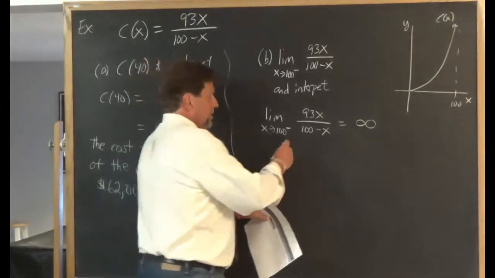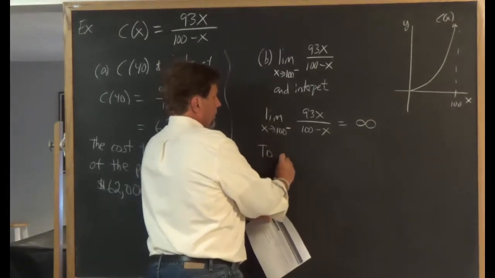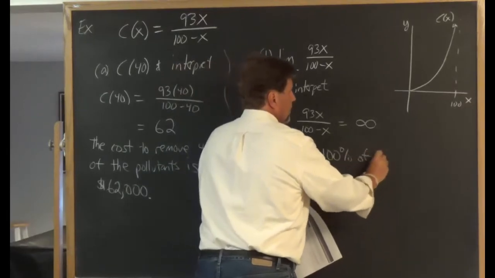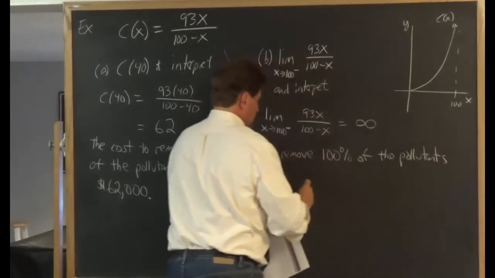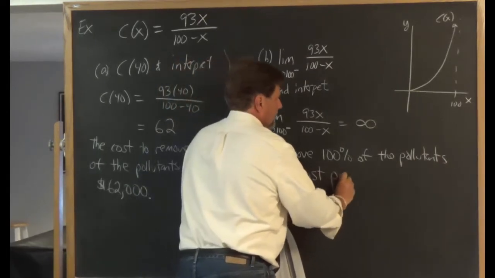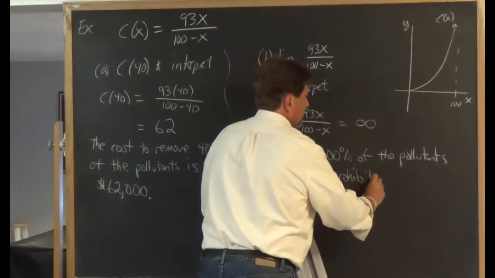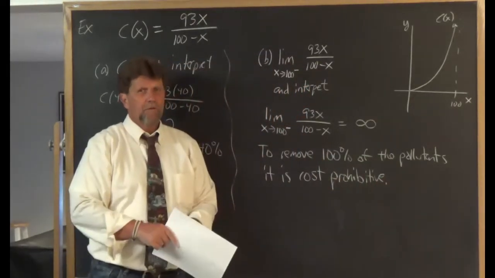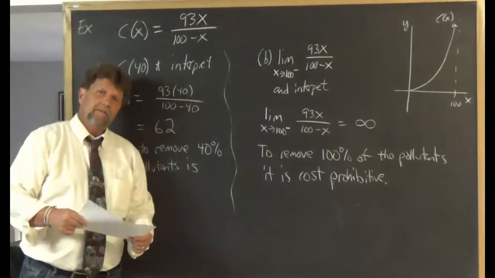So the interpretation would be: to remove 100% of the pollutants, it is, and I like this phrase, cost prohibitive. It would take an infinite amount of money. That means it's cost prohibitive. So there's an application of these infinite limits.